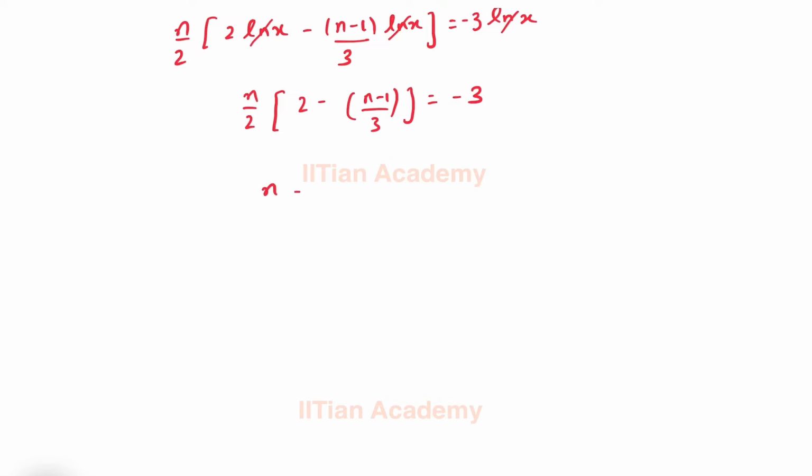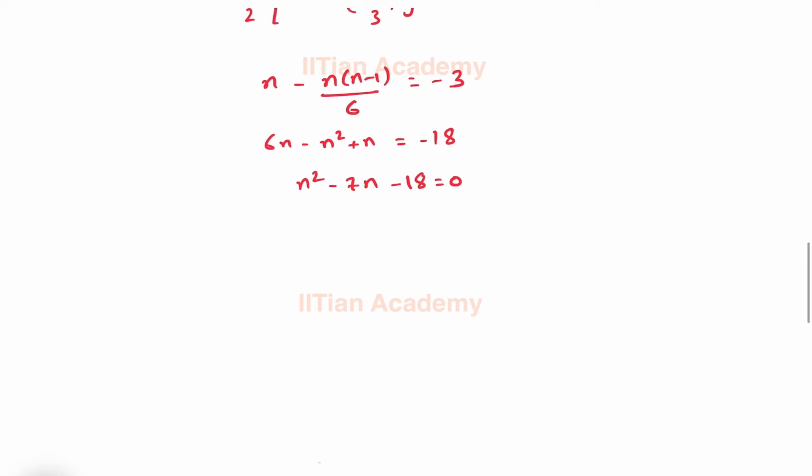If we open this, it is n minus n into n minus 1 by 6 equals minus 3. This is 6n minus n square plus n equals minus 18. So n square minus 7n minus 18 equals 0.